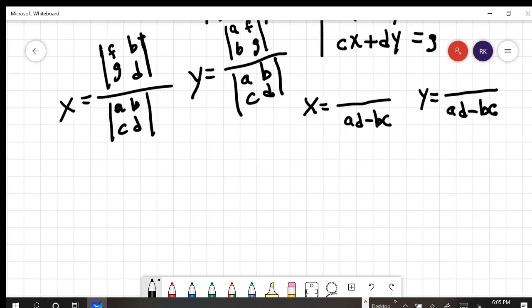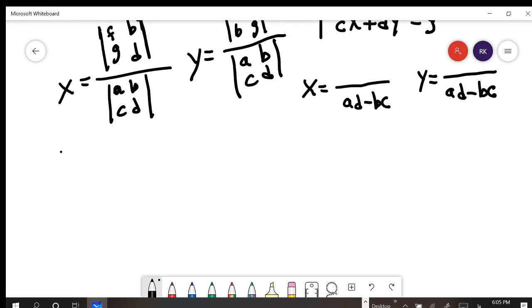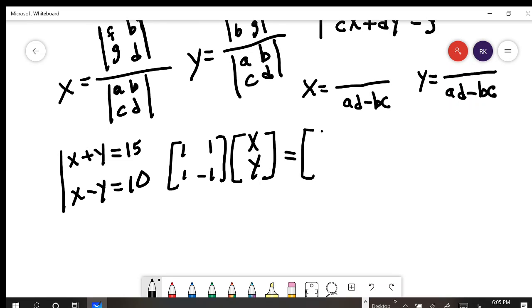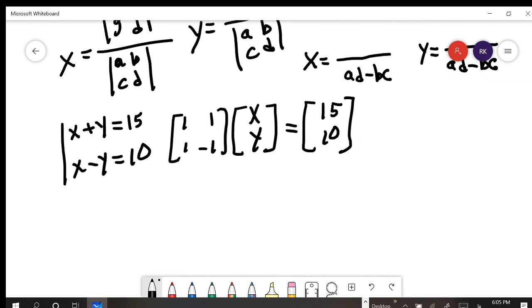So let's see if this works for our example. What do we have? We have x plus y equals 15 and x minus y equals 10. So we're going to turn it into a matrix equation. Then this rule says that x would be the determinant of 1, 1, 1, negative 1 in the denominator.